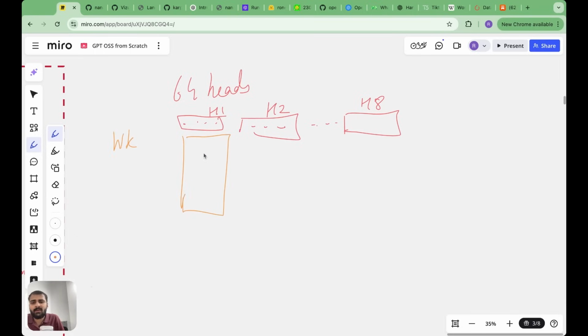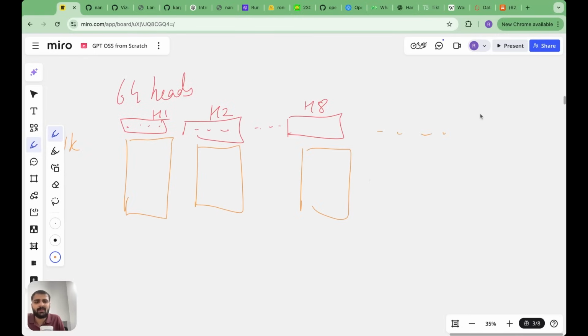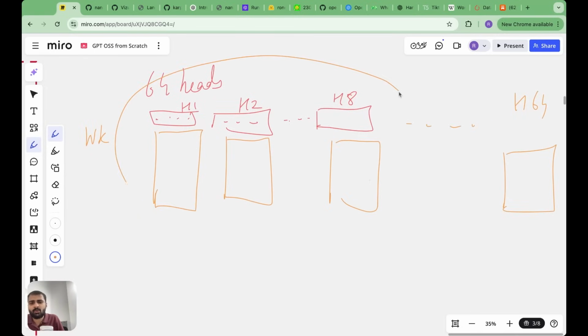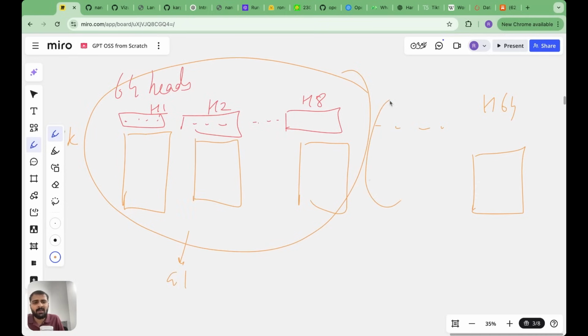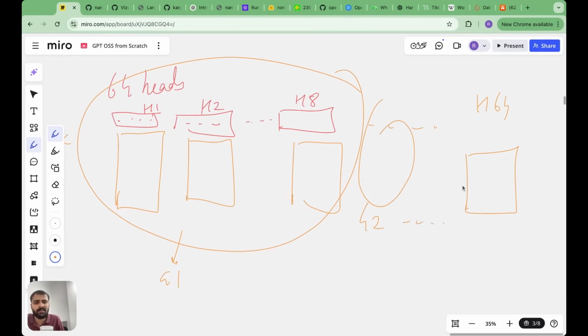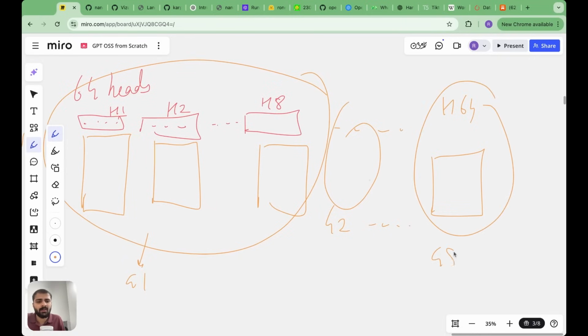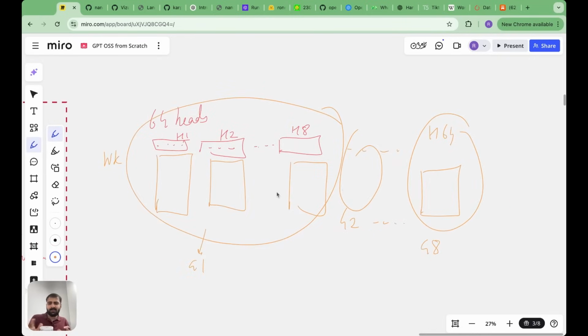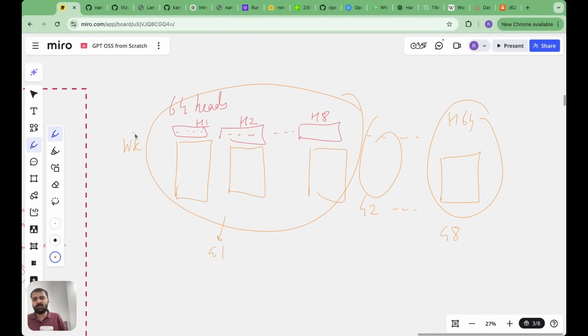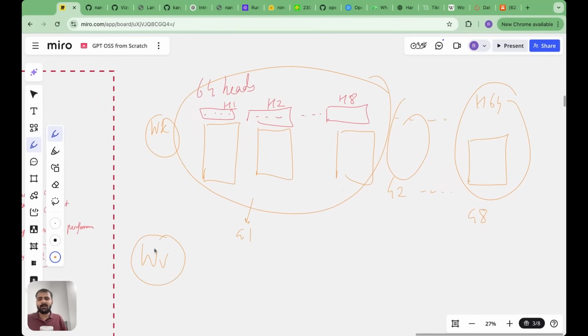This is WK for head 1, for head 2, for head 8, and similarly there will be 64. So this whole thing is now group 1. 8 heads are in one group. The remaining 8 heads are in group 2. Similarly, there will be 8 such groups, and each group will share parameters completely for the WK and for WV as well. That's what it means to have a ratio of 8 is to 1.